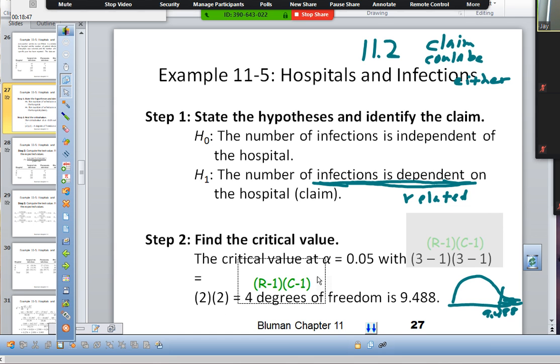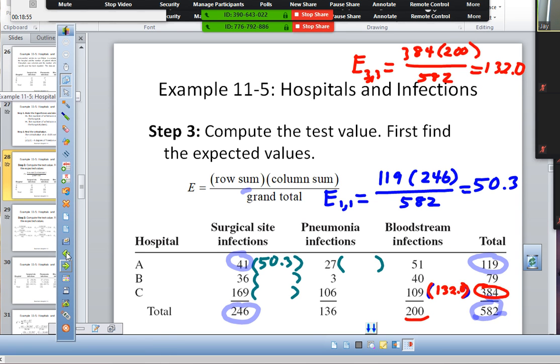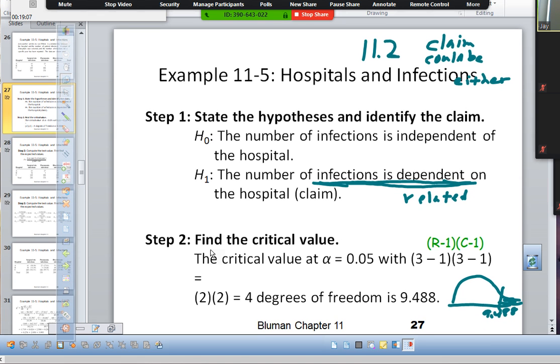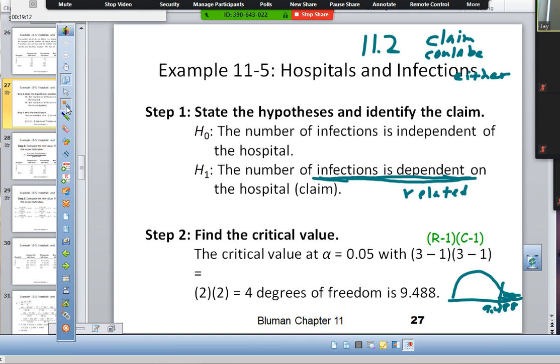And you will get 2 times 2 is 4. So 4 degrees of freedom. Go to your table. We actually looked at it before. We get 9.488. So draw your little chi-squared curve, and shade at 9.488. You guys should have done that at this point. And again, you could just write O sub i equals E sub i here. That's fine. O sub i is not equal to E sub i. That's totally all right.